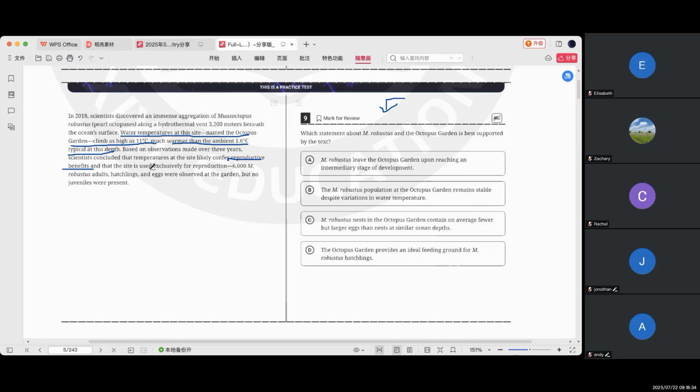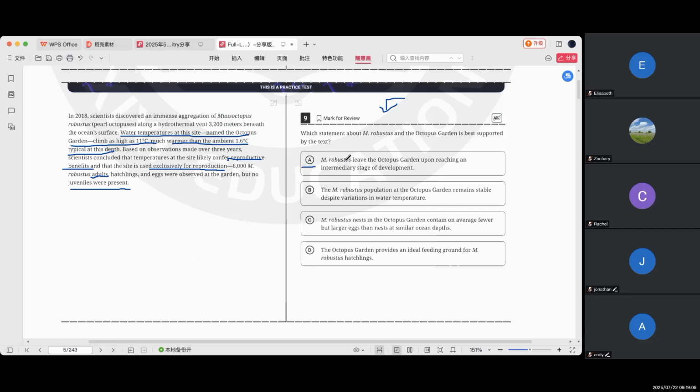And it's used exclusively for reproduction because only adults were present and no juveniles. So if they're still juveniles, they're going to leave, and when they grow to an adult, they're going to come back to this place and reproduce. That's the key logic from the passage, and then we could just use the exclusion method to solve the question.